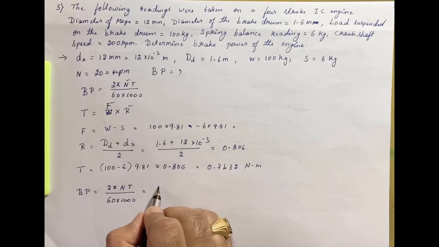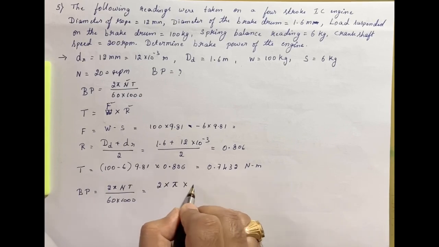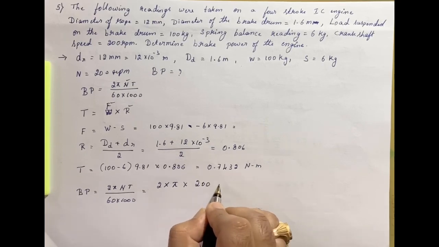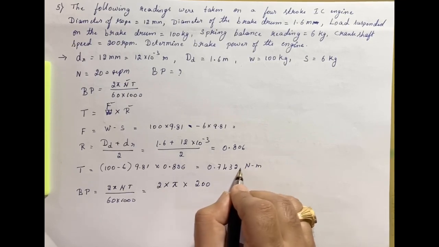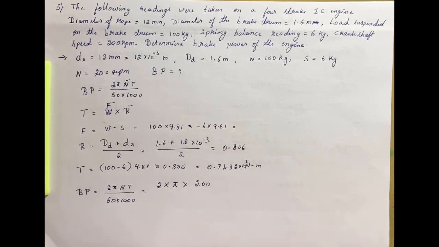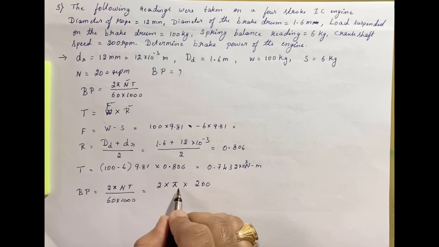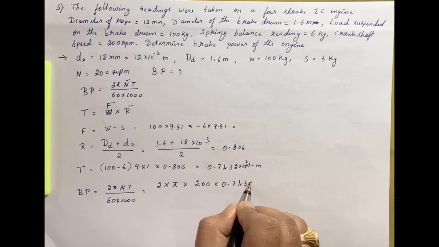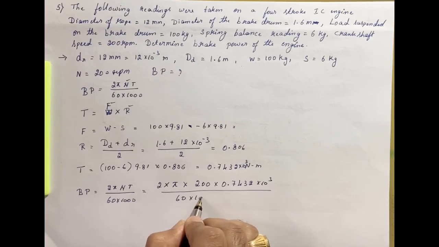Now we substitute: 2 into pi into N, which is 200 rpm, and T is 0.7432 into 10 power 3, divided by 60 into 1000.